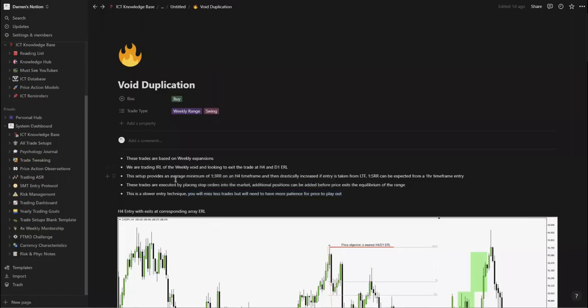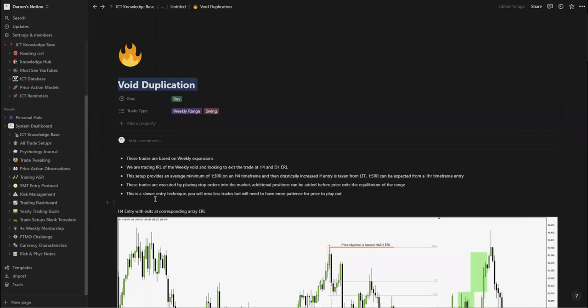It's literally, I say, void duplication, because when it hits the weekly imbalance, it's literally going to void in the opposite direction. Well, in the direction of the weekly expansion anyway.